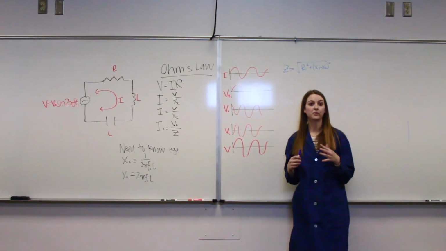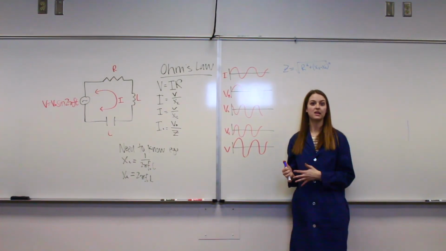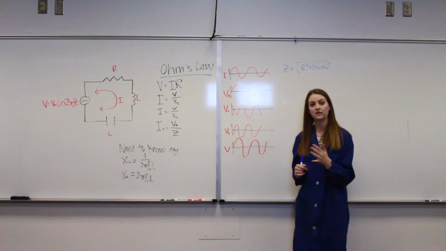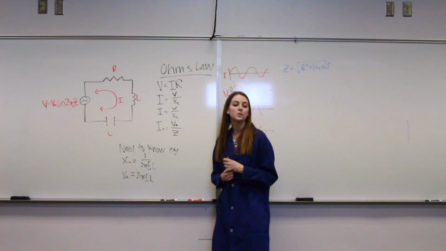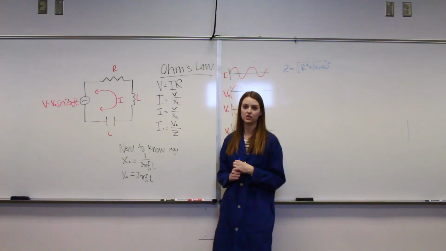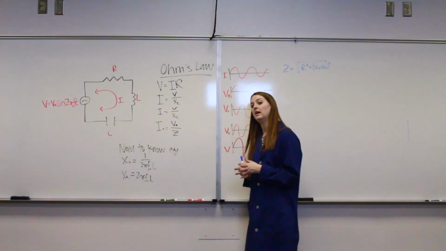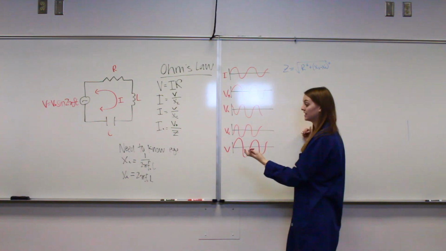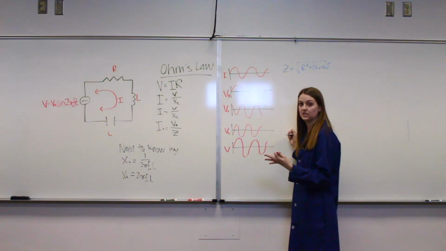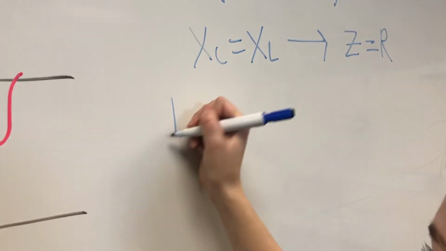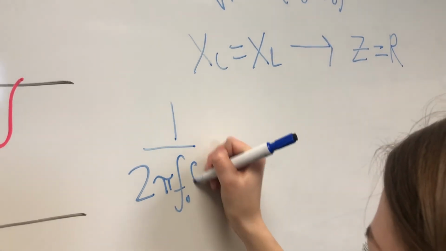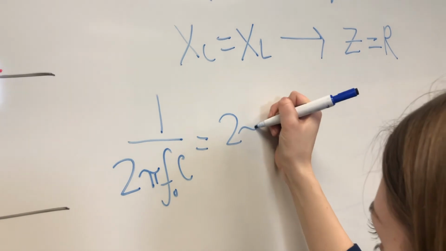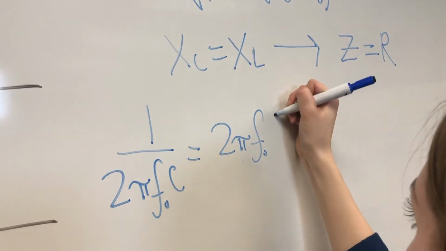Now let's talk about the resonant frequency that occurs to make this happen. To do that mathematically, we have some equations for what XC and XL equal. Those are also equations that were derived in a previous section, which we will not go into today. But since we know XC equals XL when it is in a resonant circuit, we know that this will equal this equation.